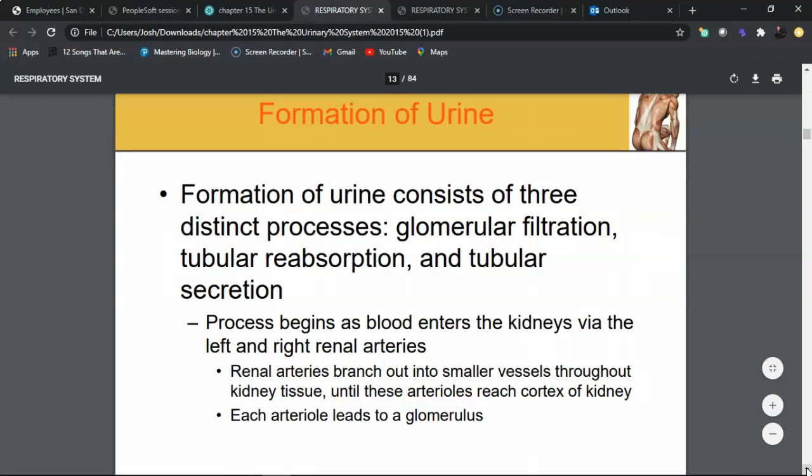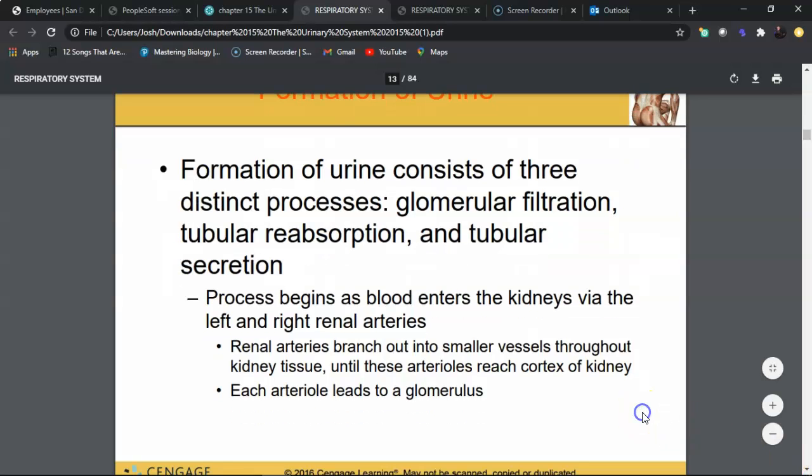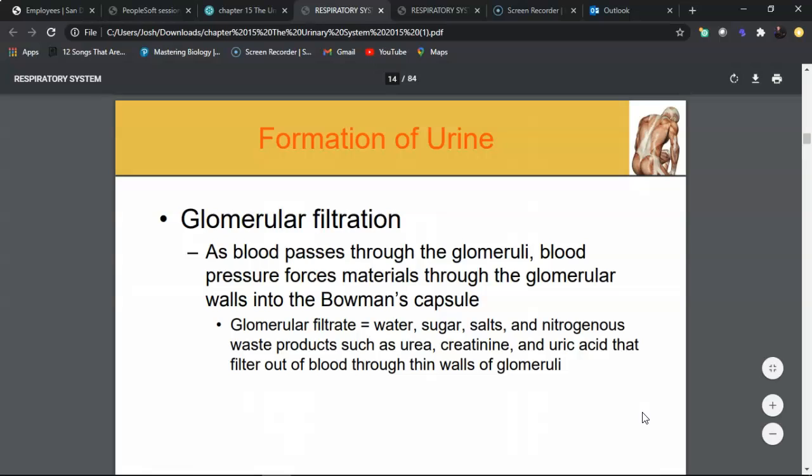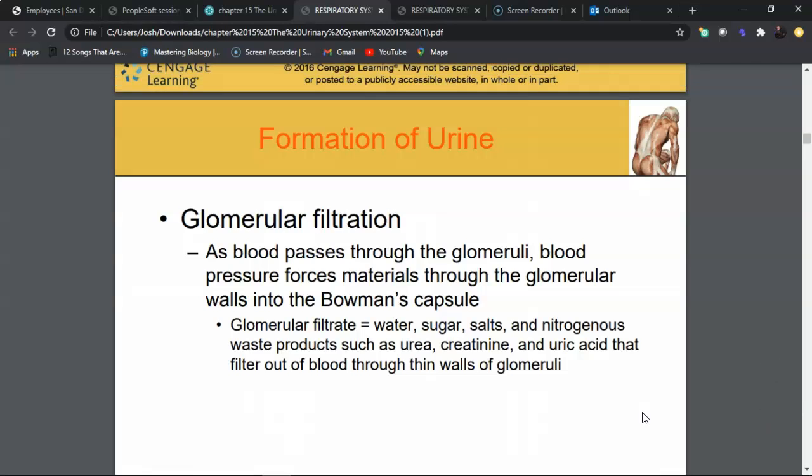As the blood enters through the renal artery, it branches through a network of smaller and smaller arteries until it gets to a small arteriole, and then it reaches that ball of capillaries called the glomerulus. At that point, the blood is pushed through by the pressure from the heart, which forces the blood through the glomerulus.